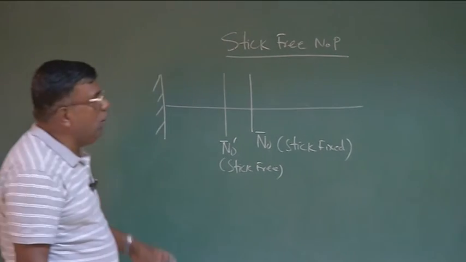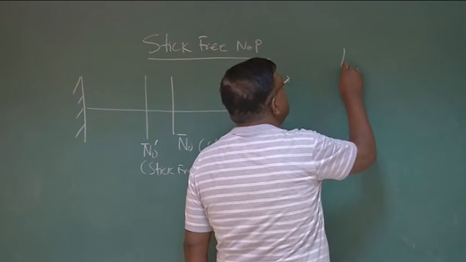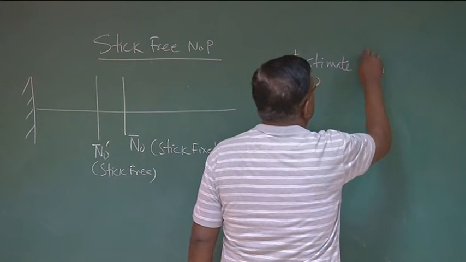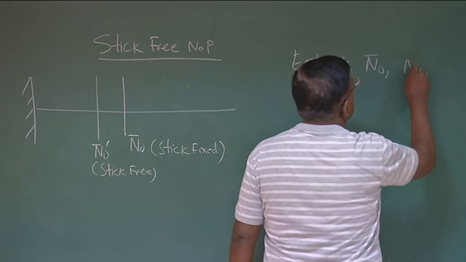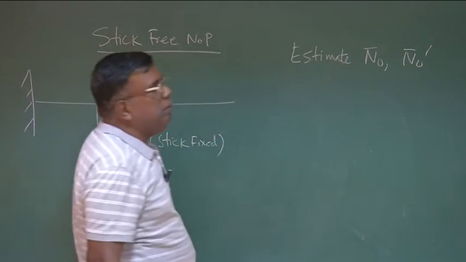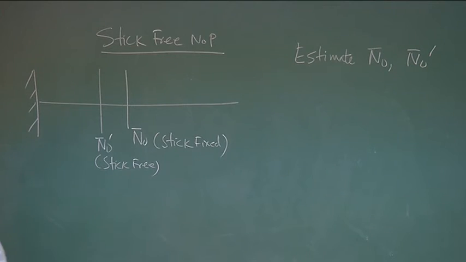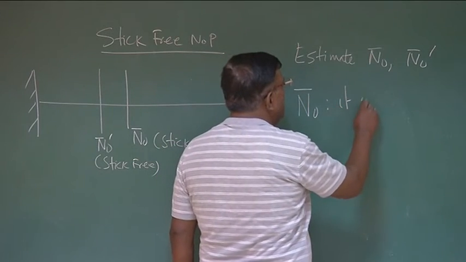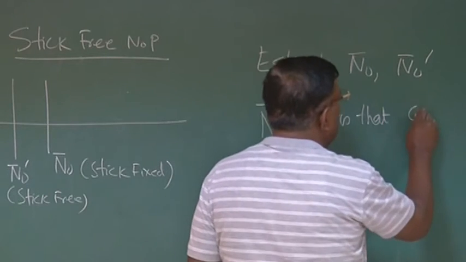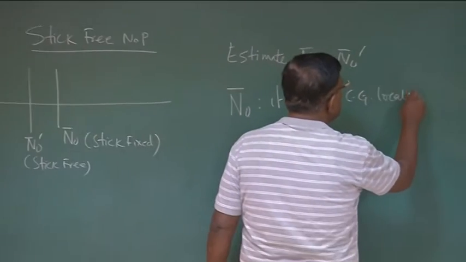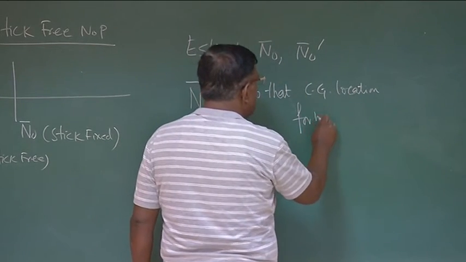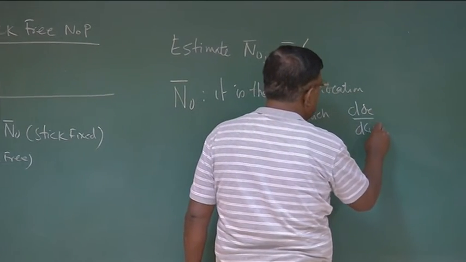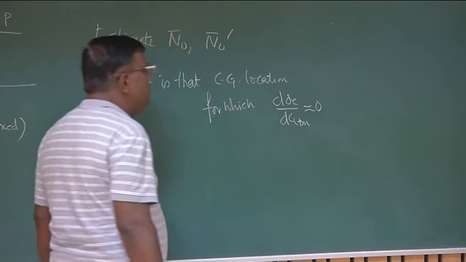And if you also recall that when we were talking about how to estimate neutral point stick fixed and neutral point stick free, in that postulation or problem formulation, what we said that for N0 it is that CG location for which effectively d delta E by dCL trim equal to 0.